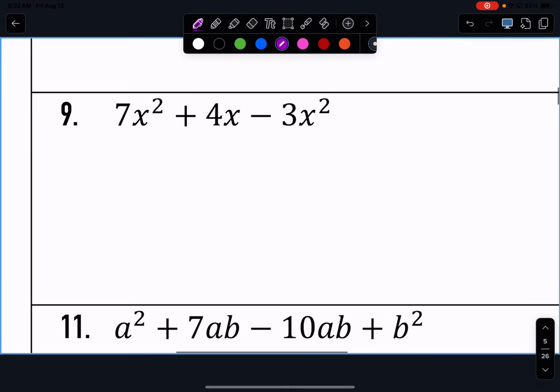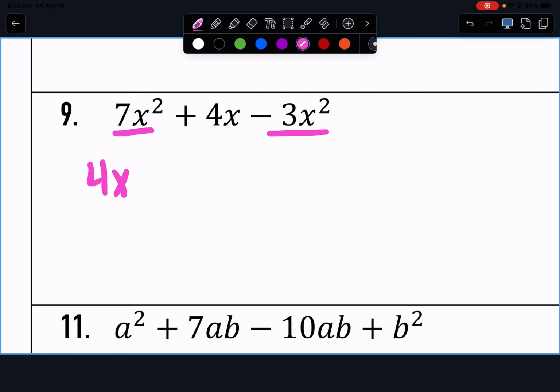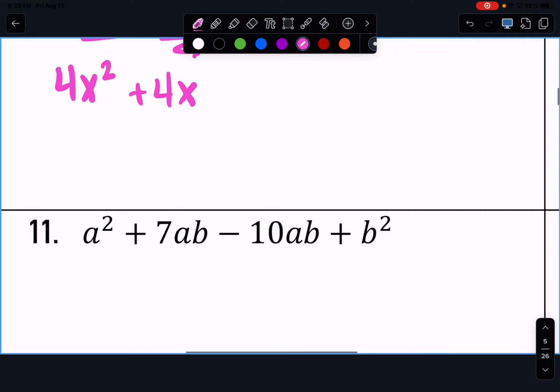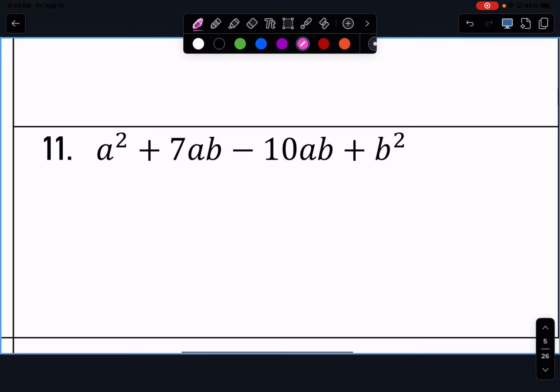All right, for number 9, what are our like terms? 7x squared and negative 3x squared. What is that going to give us if we combine it? 4x squared. What's next? Plus 4x. All right, for number 11, does a squared have any like terms?